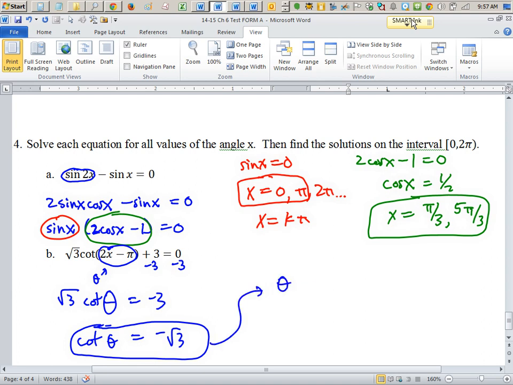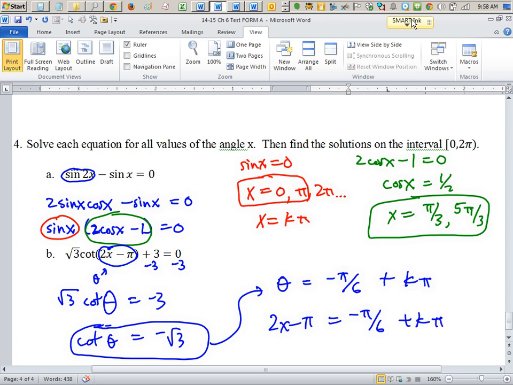So this gives you theta is equal to, and I believe the angle is 11 pi over 12, or you could just put negative pi over 6 plus k pi, because it's a cot. And then since this is 2x minus pi, you can just put that right back in.